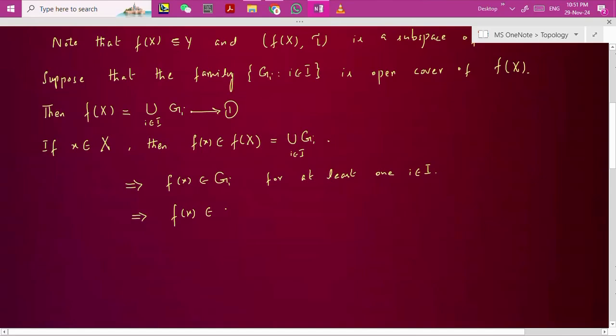G_i, which is equal to f(X) intersection O_i, where O_i is open in Y, for at least one i belongs to I.